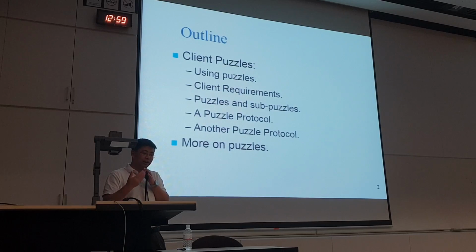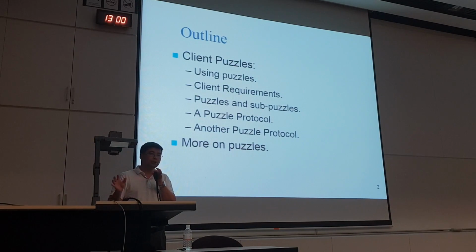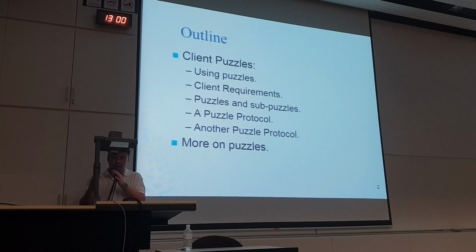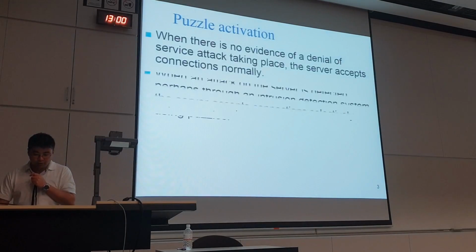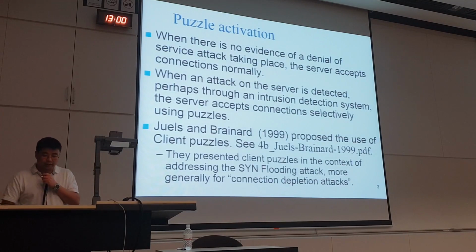However, if the attacker wants to generate a lot of connections, then the accumulated amount of work will become huge. In this case, the attacker cannot solve all the client puzzles within a short time, because if we accumulate different client puzzles for different connections, the total amount of work can be huge. So this is how we can use the client puzzle to prevent the denial of service attack.